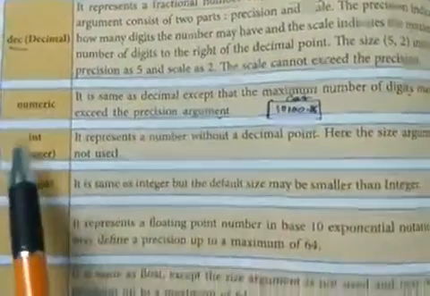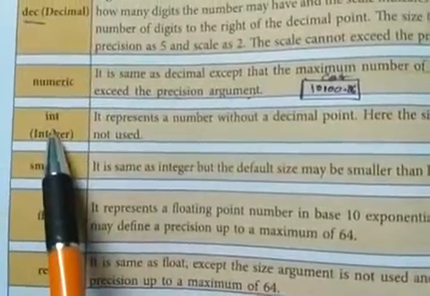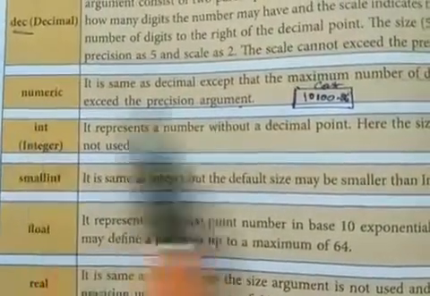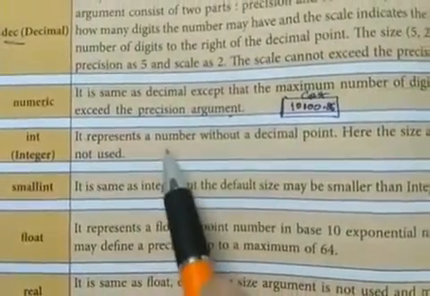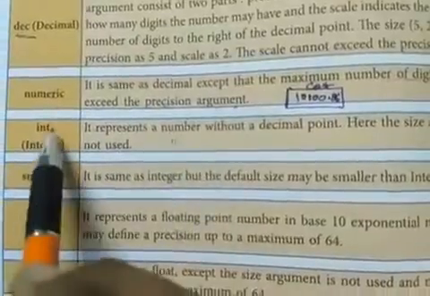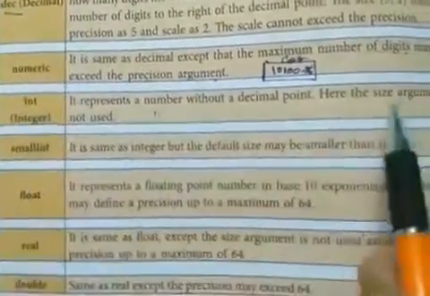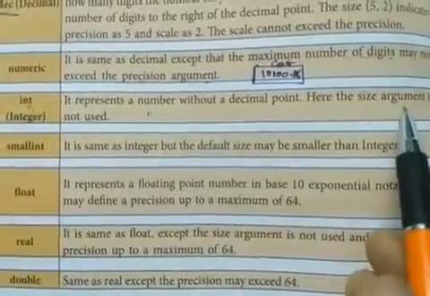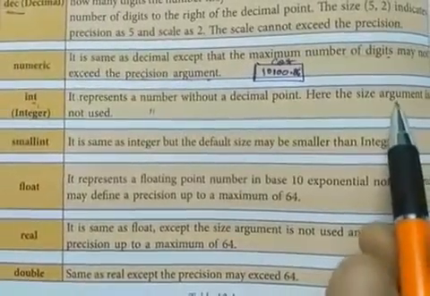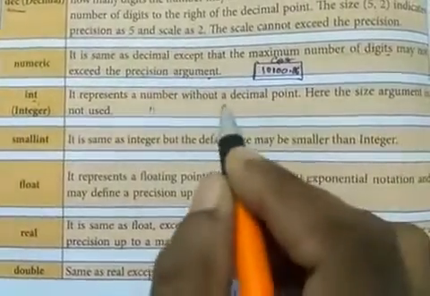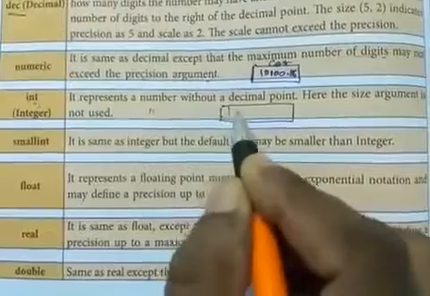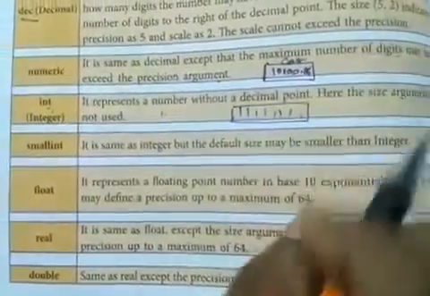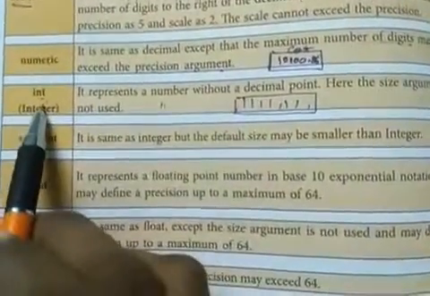And the next one is integer. While specifying integer, it may take 11 as a value. We do not even need to specify the value size; if we specify integer, by default it will take 11 characters. So in that cell we can type 11 digits. That is integer.